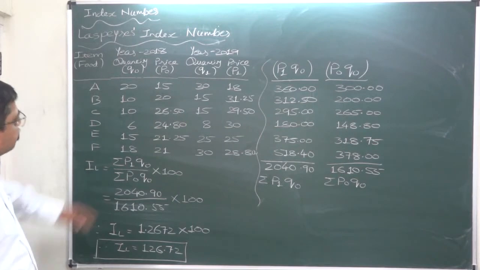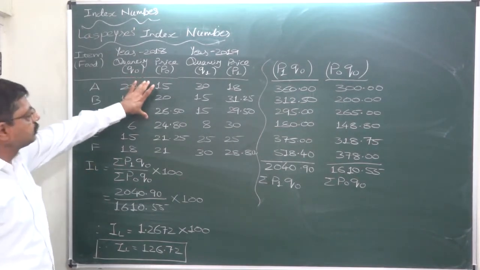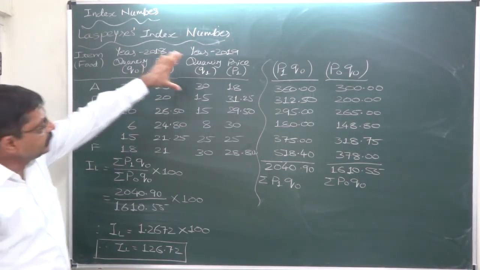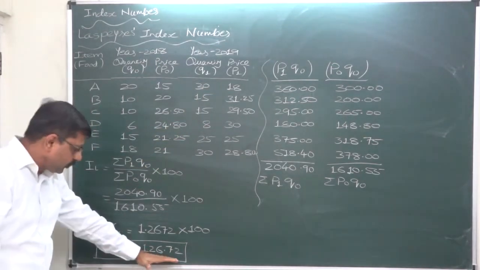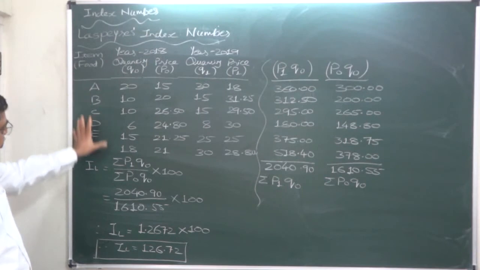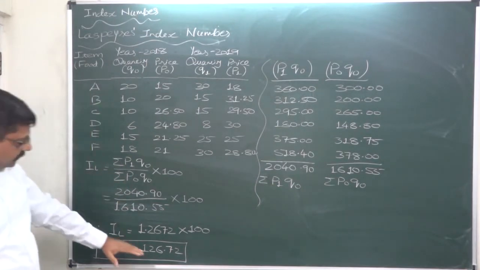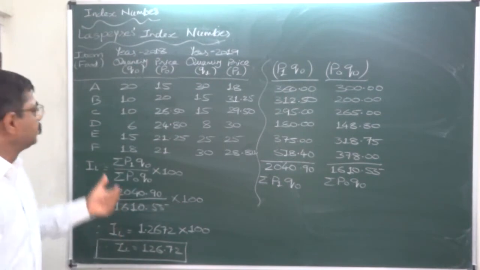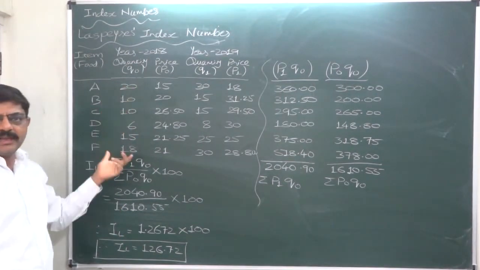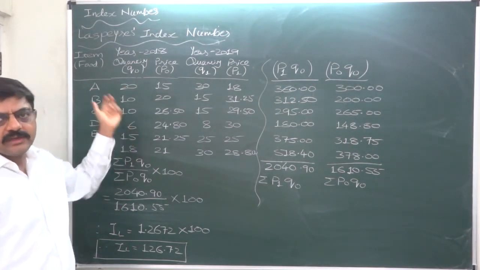That means as compared to 2018, in 2019 the total cost for consuming the 6 items increased by 26.72% if we consume the same quantity as we had consumed in the base year.